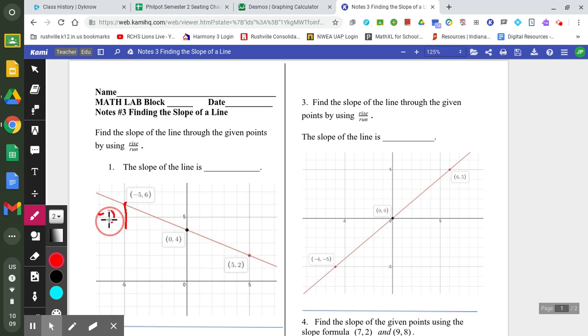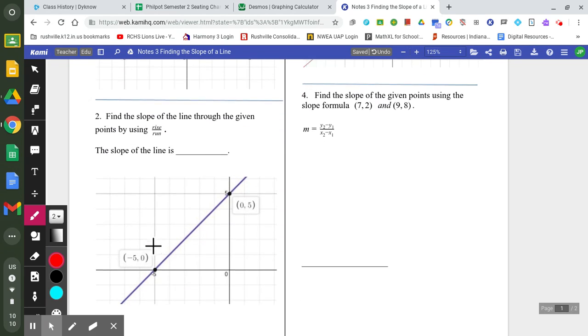So that's -2. And then I'm going to the right 1, 2, 3, 4, 5. So the slope of this line is the rise is -2, the run is 5. So that's my answer.